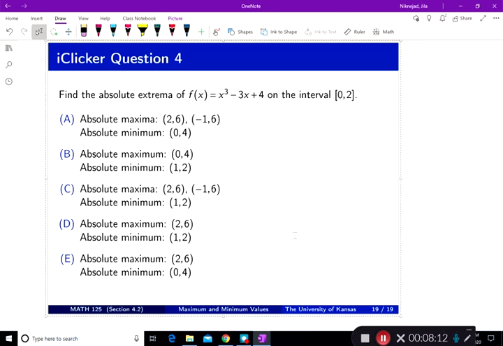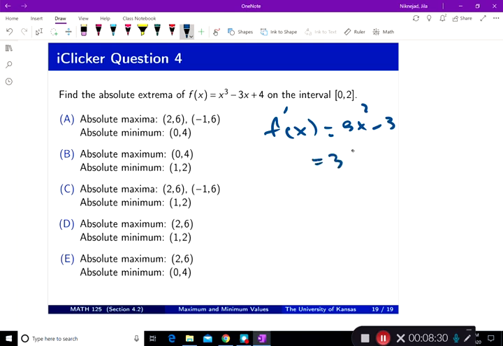Again, if you're finding the absolute extrema, the first thing you want to do is take the derivative to find the critical values. f prime of x here is 3x squared minus 3. If I factor this out, I get 3 times (x squared minus 1).